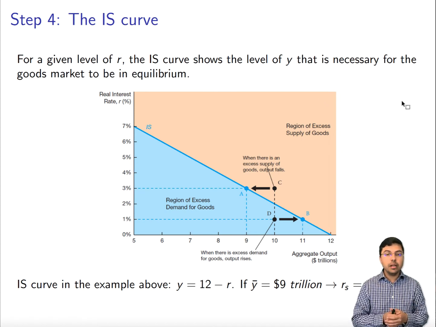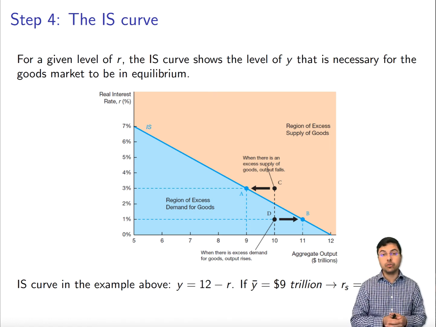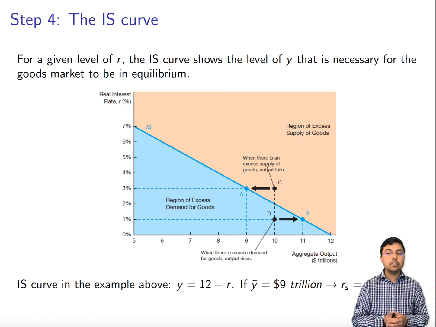For example, if real interest rate is equal to 3%, then aggregate demand is equal to aggregate output at $9 trillion, which is the point A. If the economy is instead at point C, then there is an excess supply of goods. As a result, firms and businesses deplete their inventories until aggregate output falls to $9 trillion.